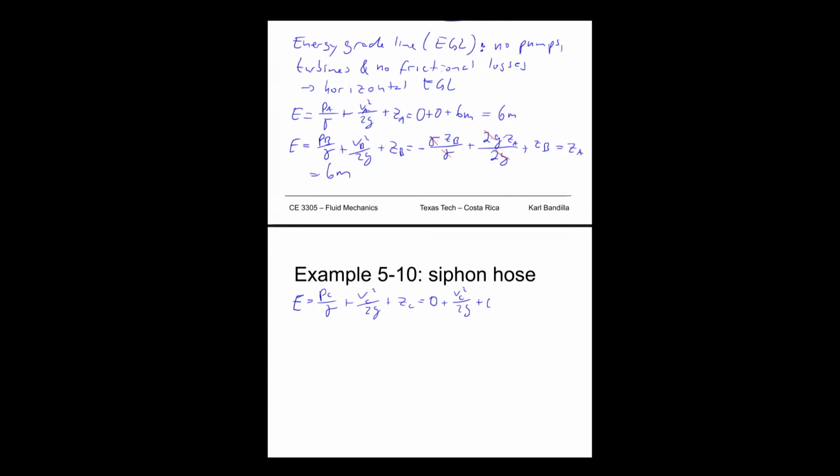And we get no height. So that means we get 2 times G times ZA divided by 2G. Everything cancels. So we're left with ZA, which is 6 meters. So that's good. So we found that, as we'd expect, the energy is the same everywhere.